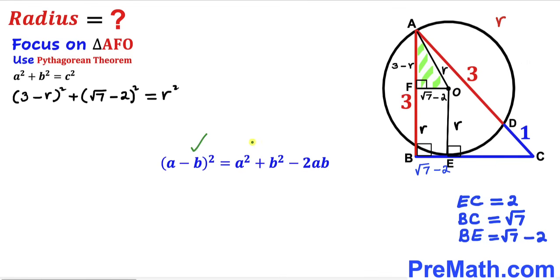A minus b whole square could be written as a square plus b square minus 2 times ab. And we are going to apply this identity on these two binomials on the left hand side of this equation.